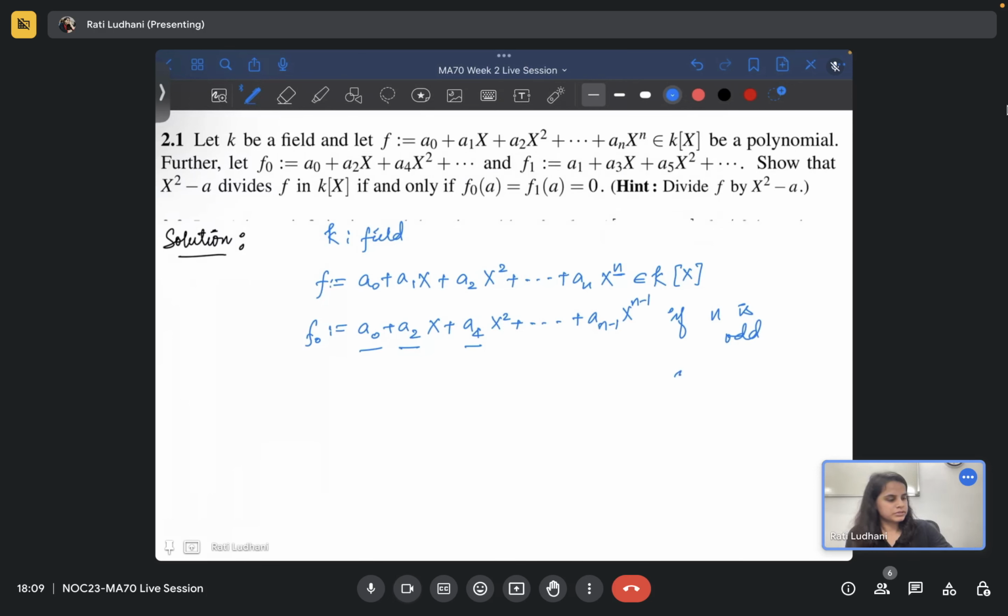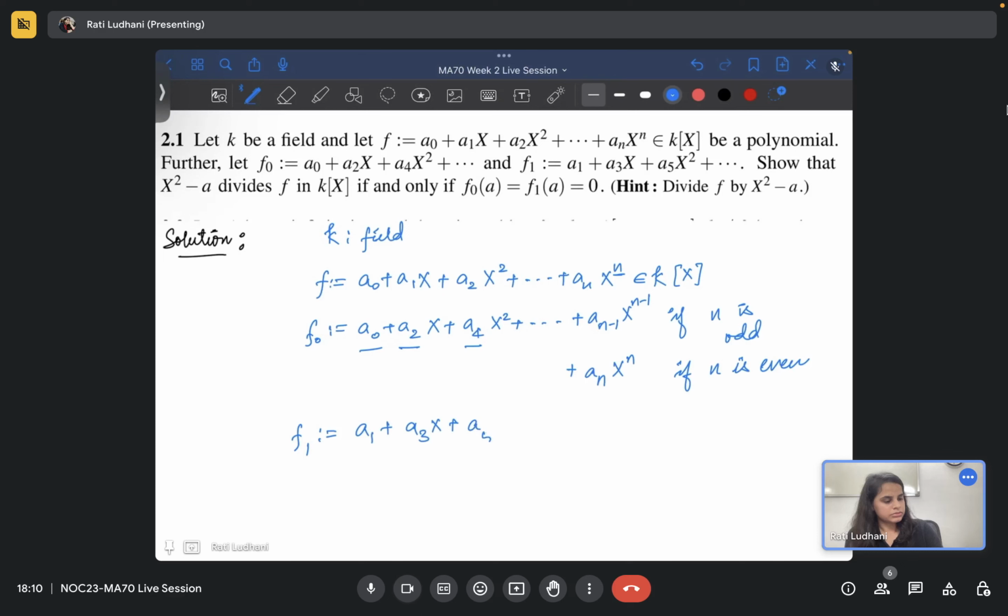And if n is even, then the last term will be a n x raised to power n by 2. And also f1 denotes a1 plus a3 x, the odd places.